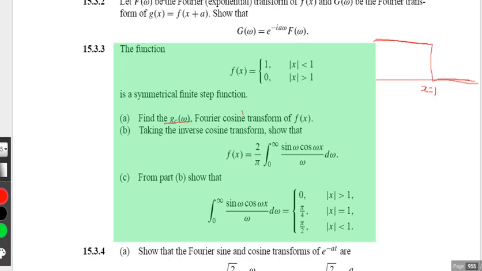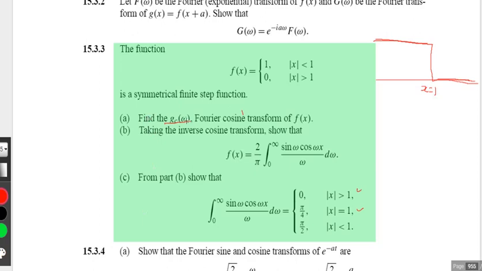Then from this integral we have to show that the integral from 0 to infinity sine omega cos omega x by omega d omega is equal to 0 if mod x is greater than 1, and if x is equal to 1, that is equal to pi by 4, and if x is less than 1, this integral is equal to pi by 2. Okay, so let me solve this problem.